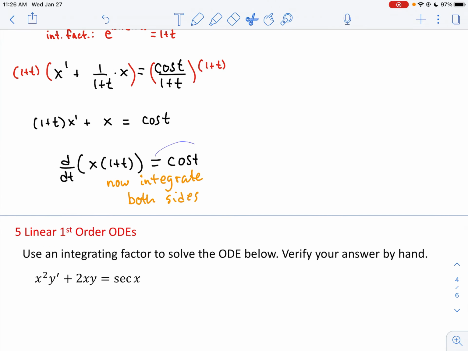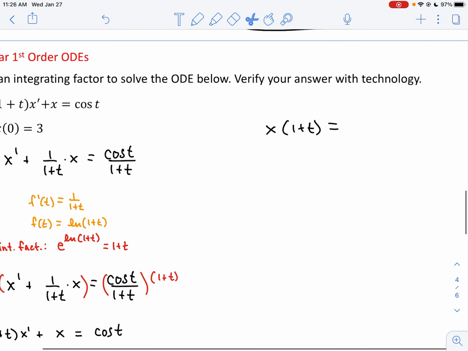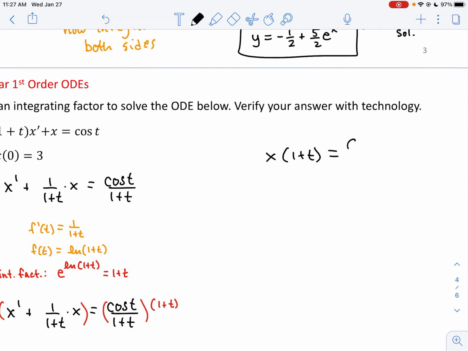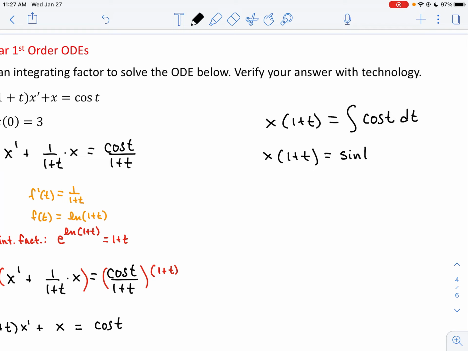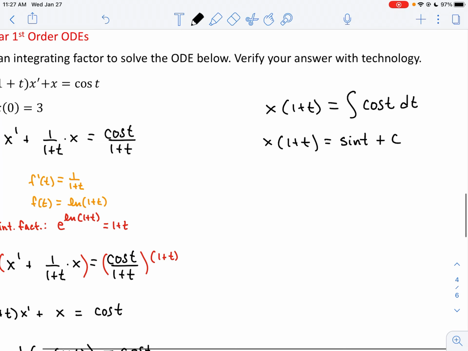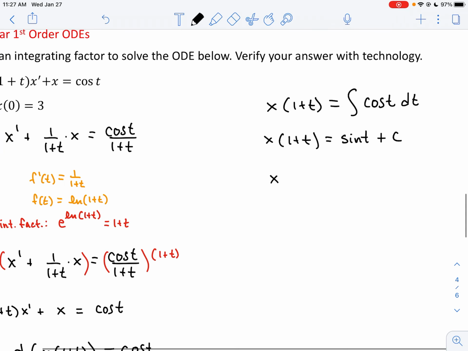And the other side of the differential equation, here we still need to integrate, so I'll write this down, the integral of cosine of t dt. So we get to this point. The left side is considered integrated already, and by the right side we need to integrate. Antiderivative of cosine is sine of t, and then plus a constant. The constant must show up at this point. And then we finish this by dividing both sides by 1 plus t, so we get the x isolated.